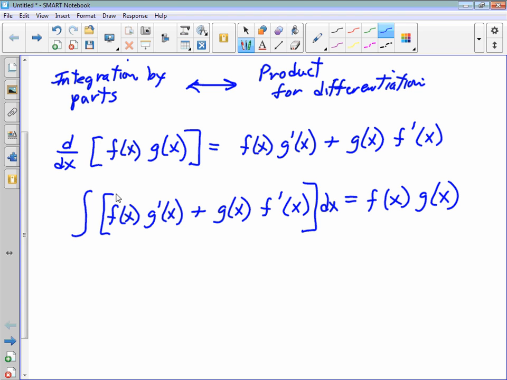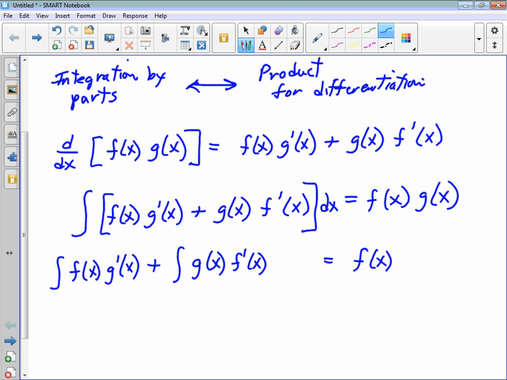And because I have a product here plus a product here, I can break these parts up. So I can say the integral of f of x times the derivative of g of x plus the integral of g of x times the derivative of f of x equals f of x times g of x. And of course, don't forget my g of x to keep it legit in here. Okay, looking good so far.